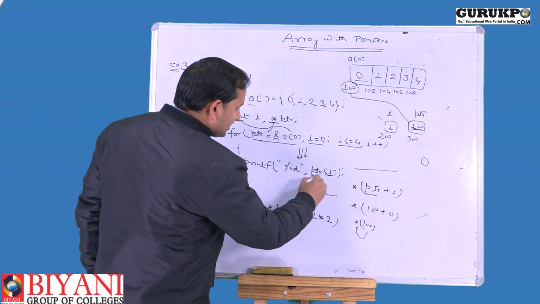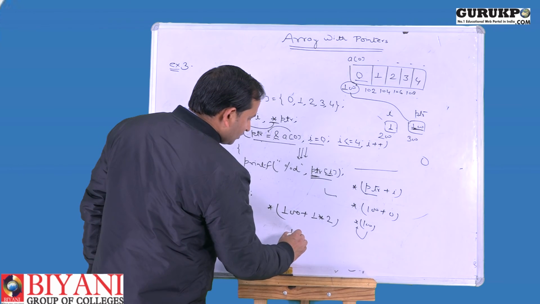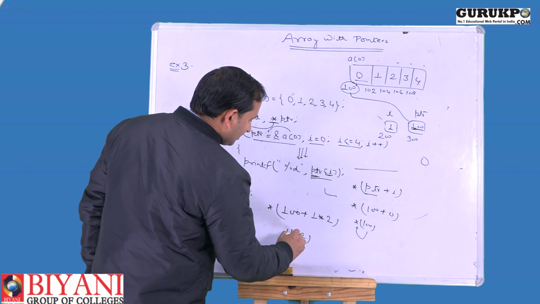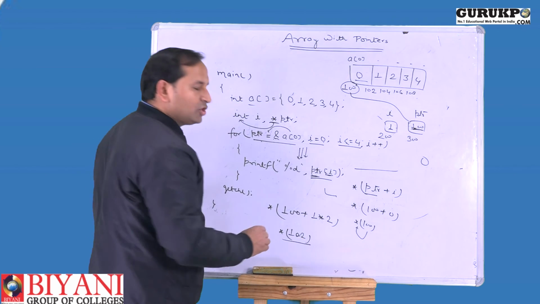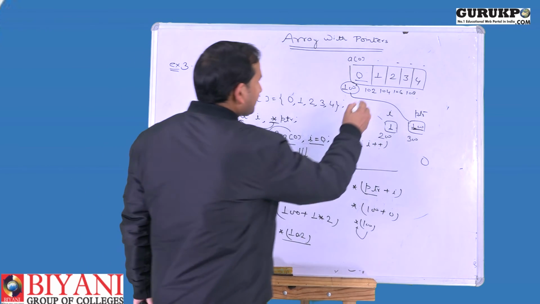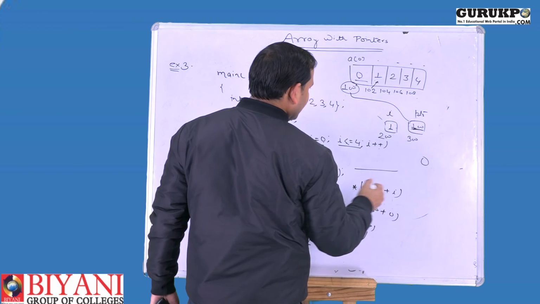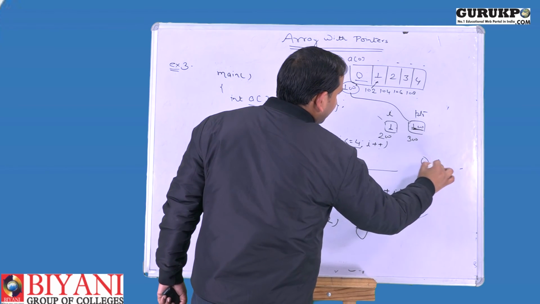This is the full form of this statement. So it indicates the value at memory location 102, that is 1. So it prints 1 after 0.